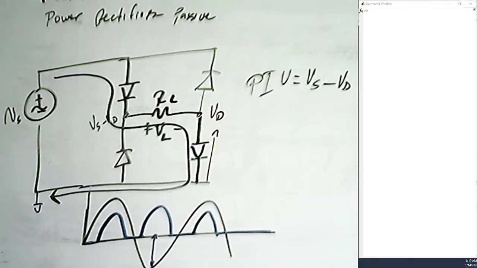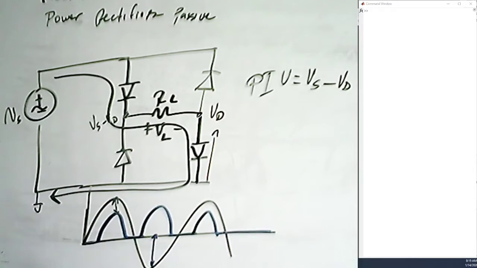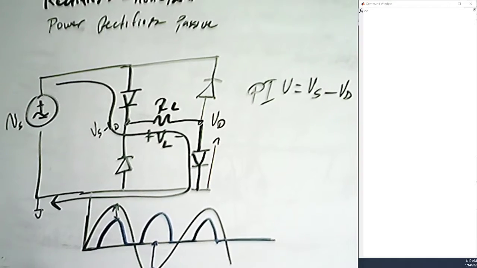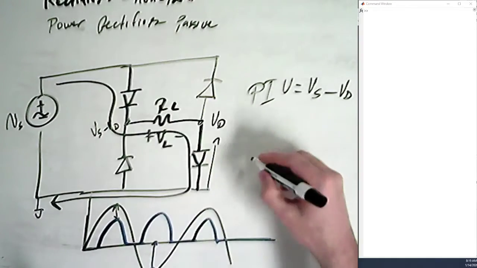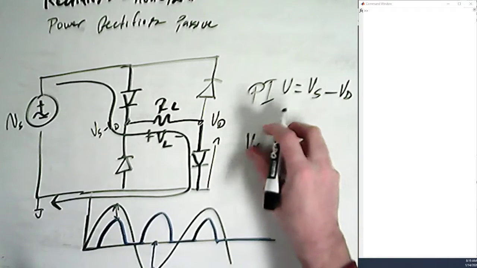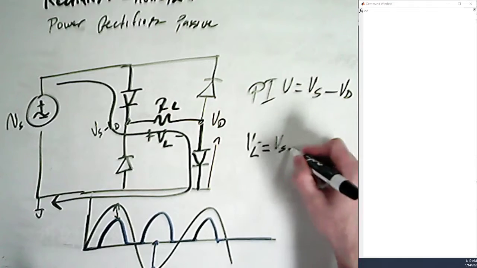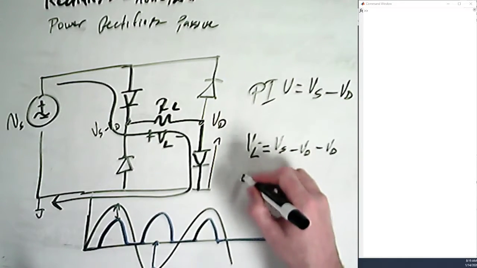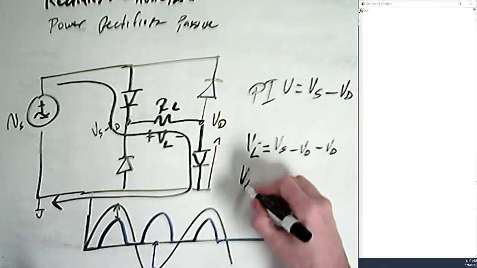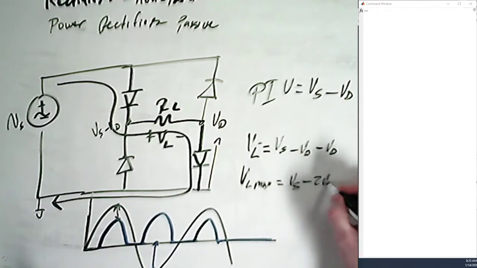The other thing to consider about this is the amount of voltage drop. In this case, we have VD here, in other words, VL is going to equal VS minus VD minus VD. VL max is equal to VS minus 2VD.